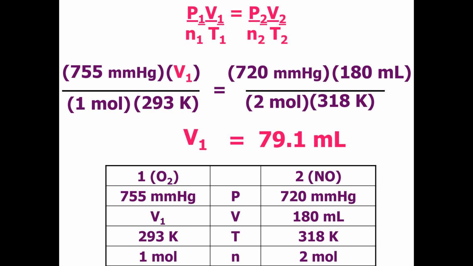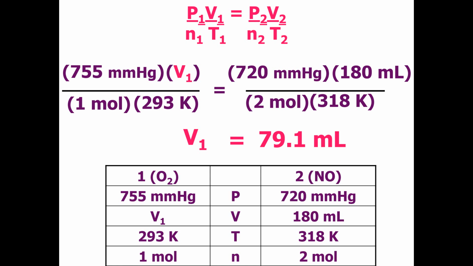We just finish off the problem by dividing by all the other numbers in the cross: divided by 318, divided by 2, divided by 755. Now you can hit enter and you'll get this number, which I've rounded to 3 sig figs.